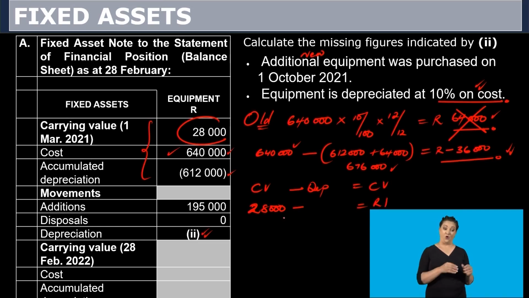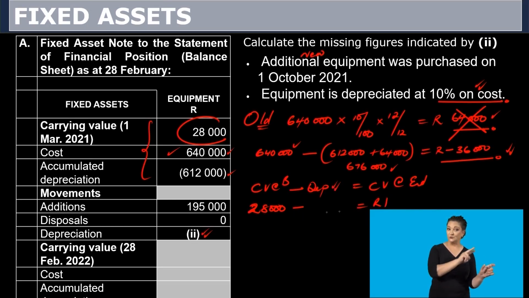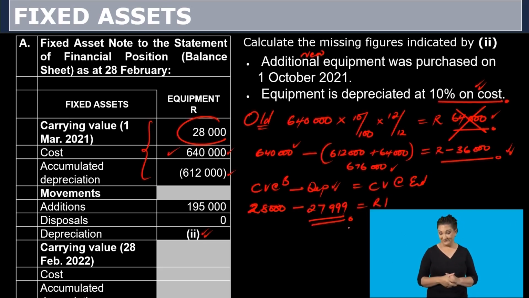So, if my carrying value at the beginning is 28, and my carrying value at the end must be 1, the difference between the two becomes my depreciation, therefore. So I'll say 28 minus 1, then it gives me 27,999. That becomes now my depreciation. So the depreciation for this asset is 27,999.